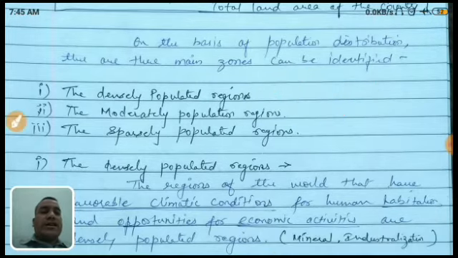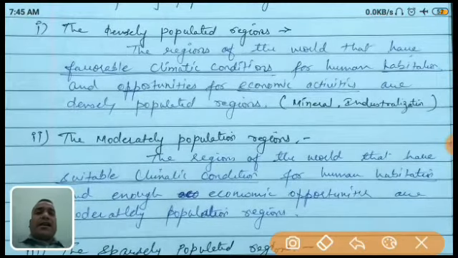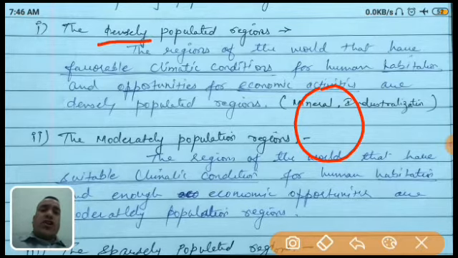Now, first of all, we discuss the densely populated region. I always remind you, whenever you start solving any question, first go through its word. What is it? Densely. By densely you can understand that in a particular area, if more people are living as compared to its capacity, it is called a densely populated region.